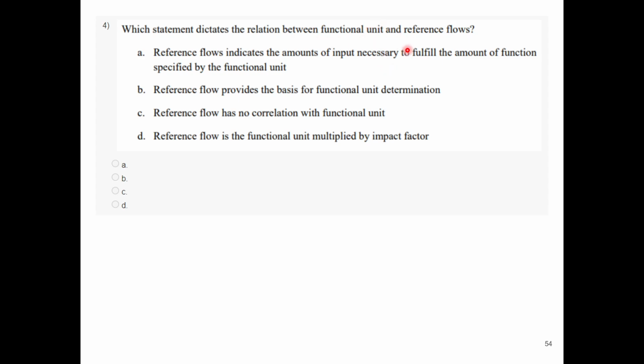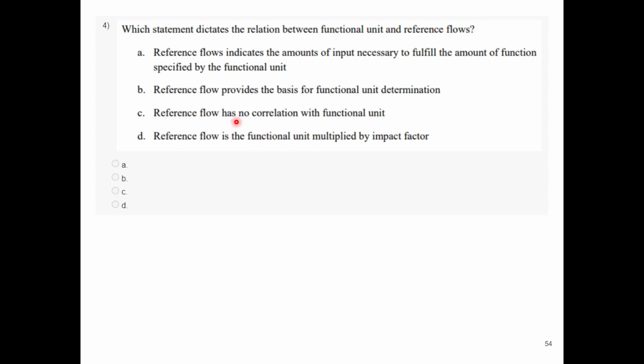So if you remember, functional unit is the specification or need for the product to achieve certain tangible output. Okay, so certain tangible performance, the requirement of some performance is the functional unit. That is a specification, and to achieve that, what are the inputs and the flows required? So that is basically the reference flow.